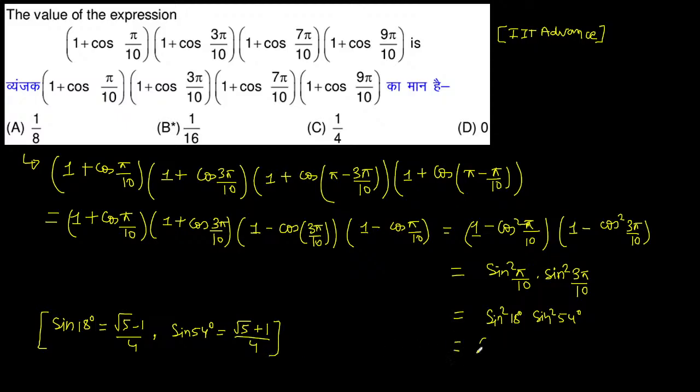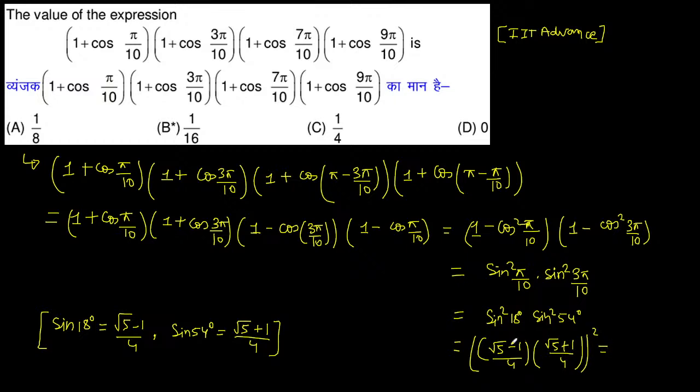So if you multiply, it is ((root 5 minus 1) by 4) into ((root 5 plus 1) by 4) whole square.